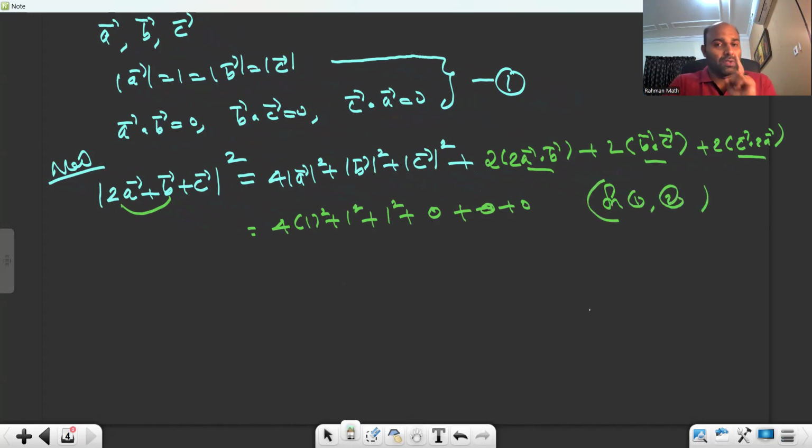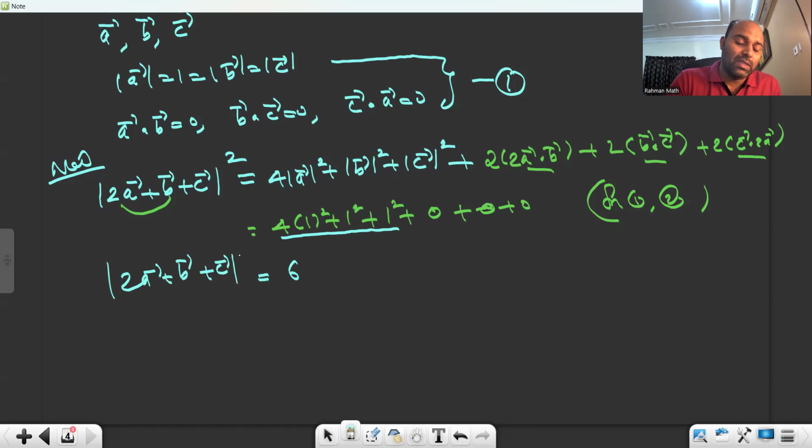Don't forget the left side square is there. 4 plus 1 plus 1 is 6. So 2A plus B plus C whole squared equals 6. Plus or minus won't come because it's a magnitude. That is the reason root 6 is the answer. I hope everyone understood.